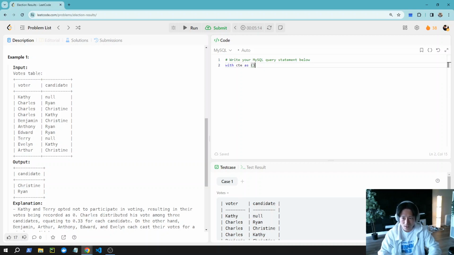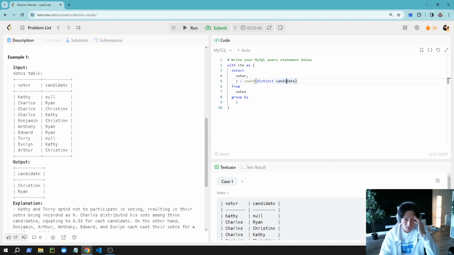So first of all, I need to compute the weight. Select voter, from votes, group by voter, and then count distinct candidate, and this needs to convert to weight, so that's going to be like this kind of number.